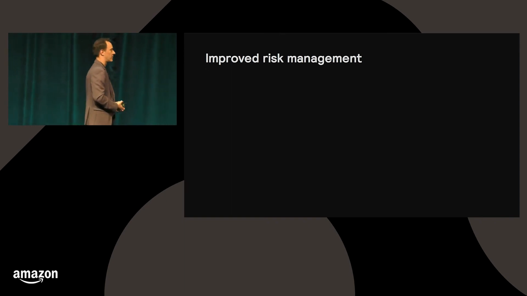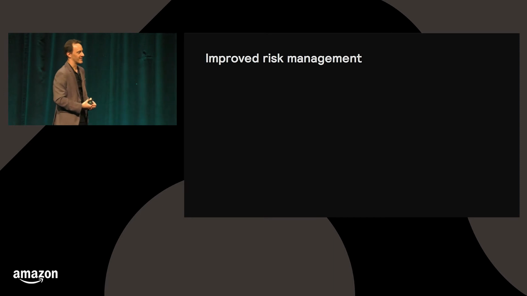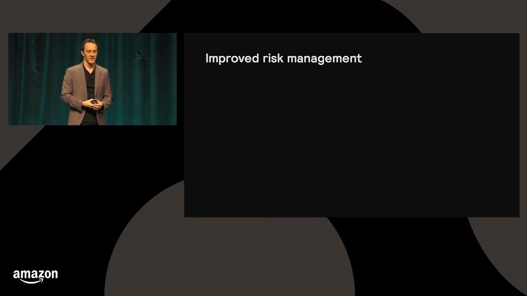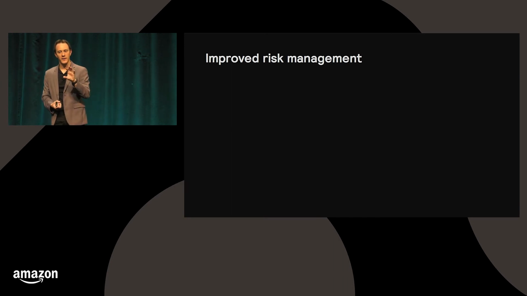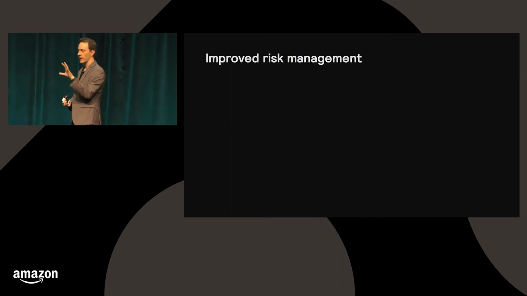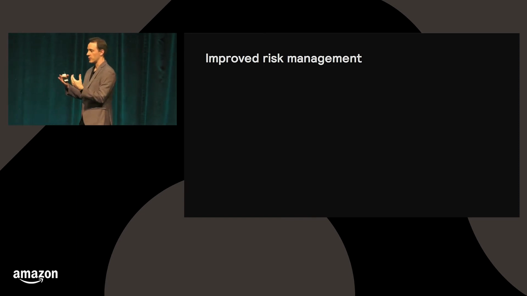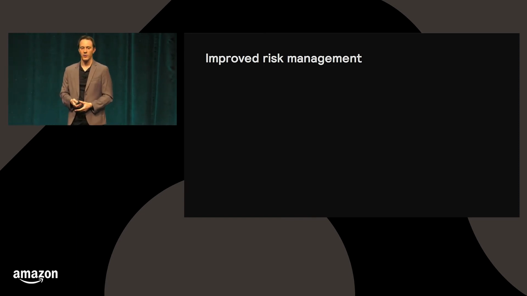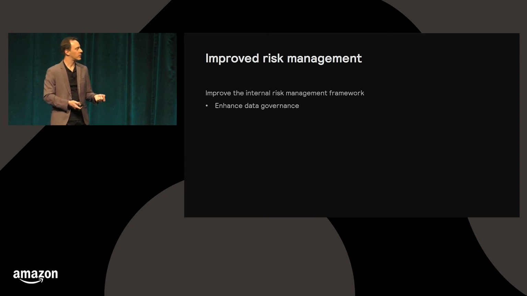Since we're talking about financial institutions, we have to talk about risk. And these are some benefits specifically related to the financial institutions. This is not related to regulators or country policies on money laundering and financial crime. This is actually improving the internal risk management framework by using these technologies.